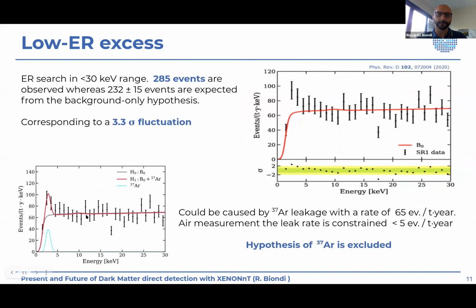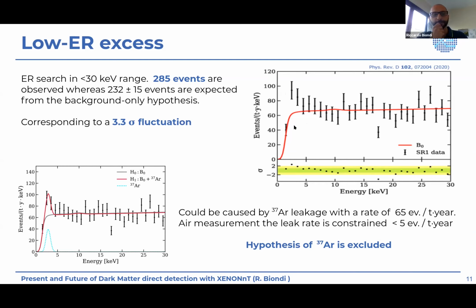Then coming to the most juicy, let's say, result from XENON1T, the famous low ER excess. Looking for electron recoils below 30 keV, we got 284 events observed, whereas only 232 were expected. You can see here on the plot that the red line is the expected background, and you can see the clear excess here in the data.